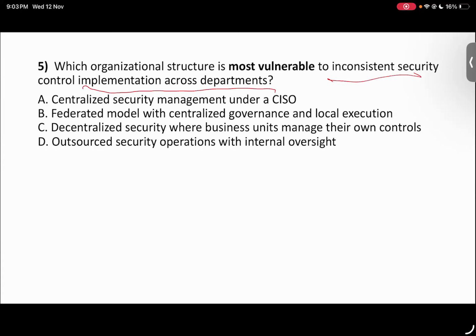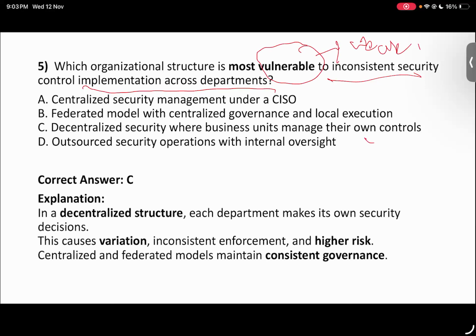Decentralized is the most vulnerable. Sorry, the third one, decentralized security. Yes, so this is the vulnerable area.